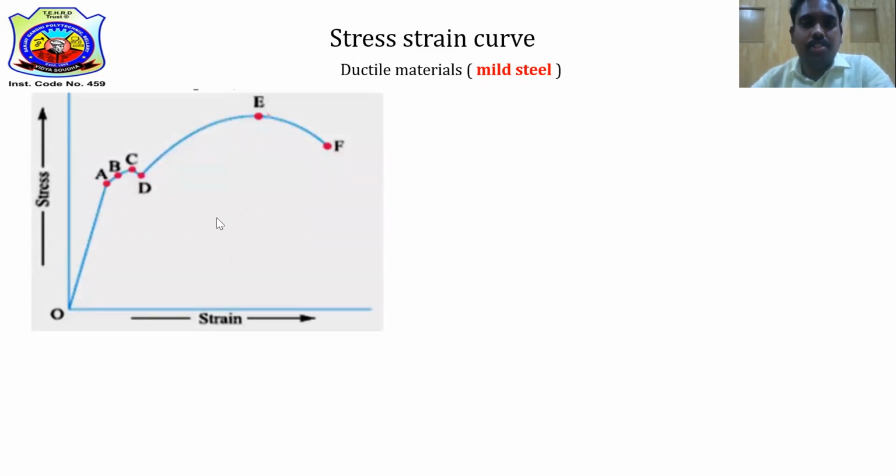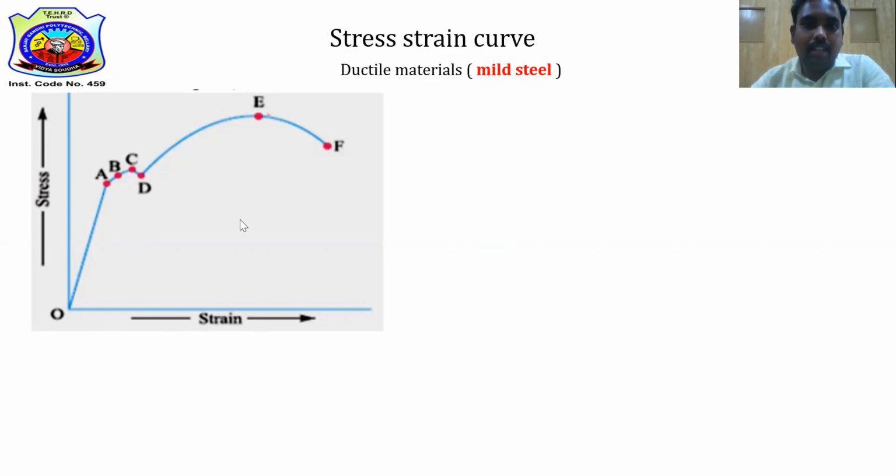This is the stress strain diagram for mild steel, where stress is plotted on the y-axis and strain is plotted on the x-axis. This is the curve where a, b, c, d are the parameters, and I'll explain in detail what these parameters are.